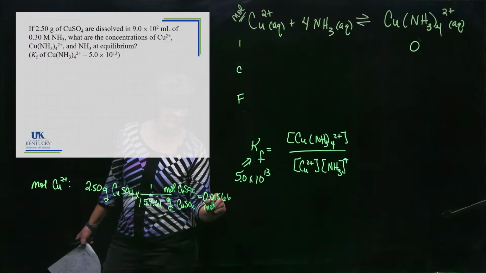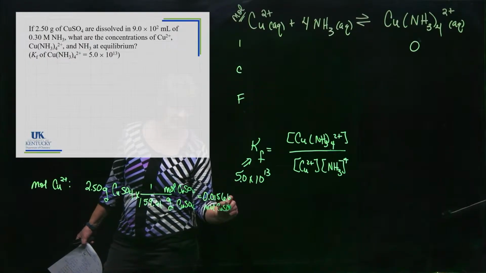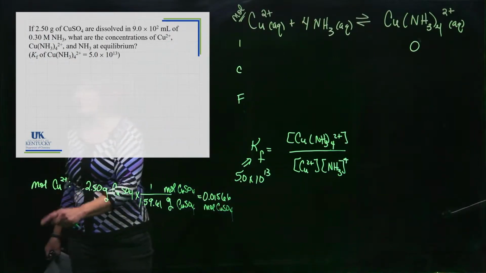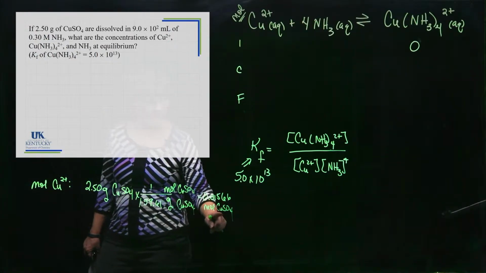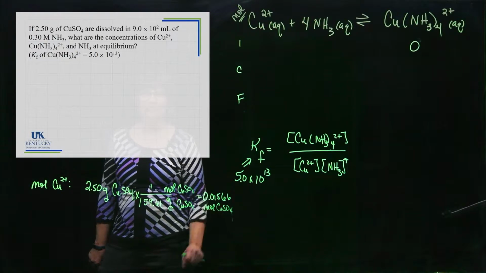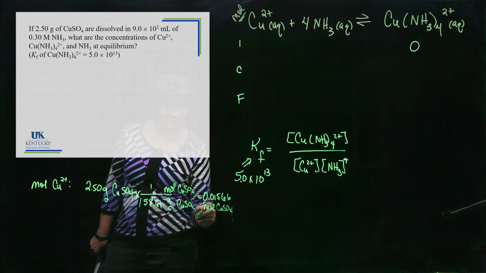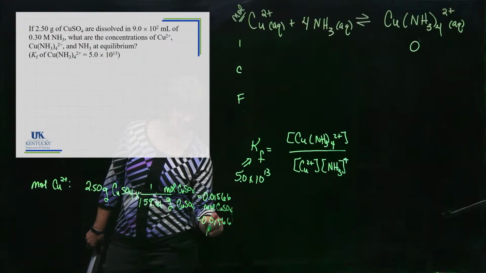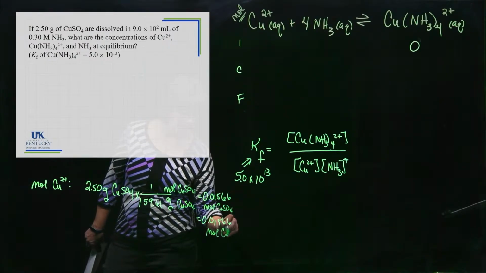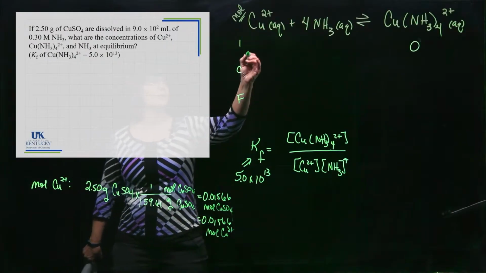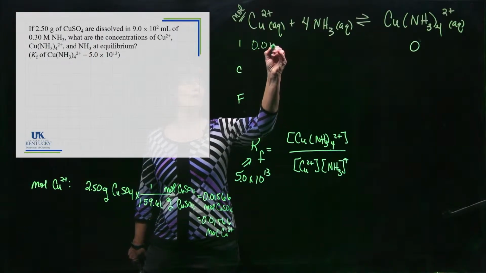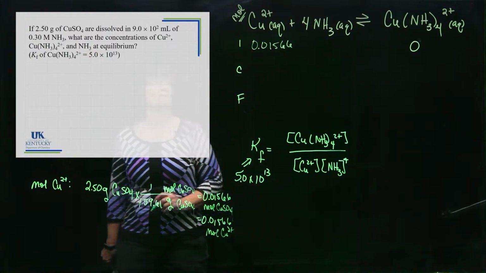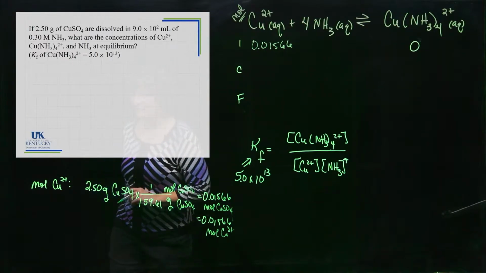Now, this is moles of copper sulfate. I want just moles of copper. Look at that. How many moles of copper are in every mole of copper sulfate? 1. So this is also the moles of just copper. And I can put that into my table, 0.01566.